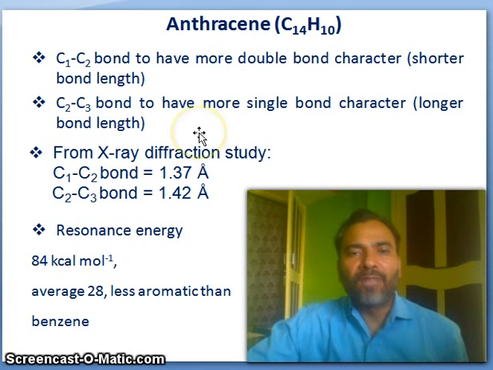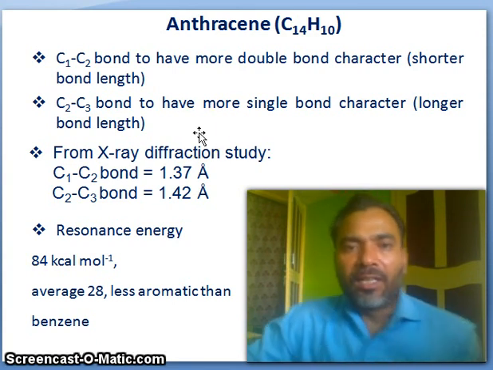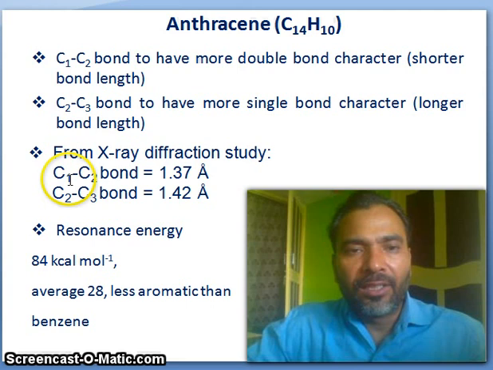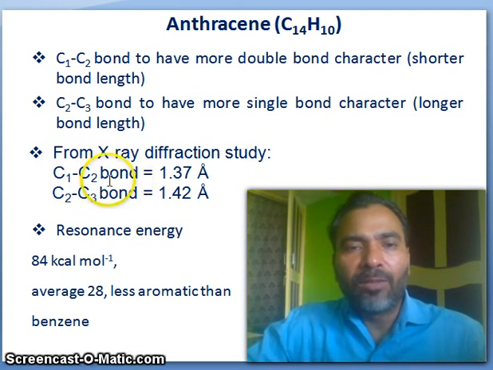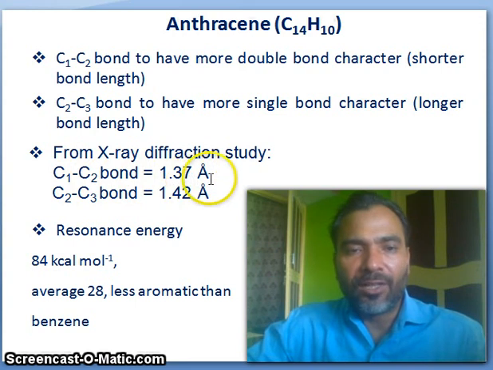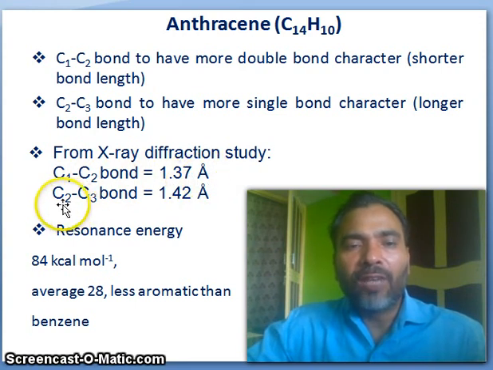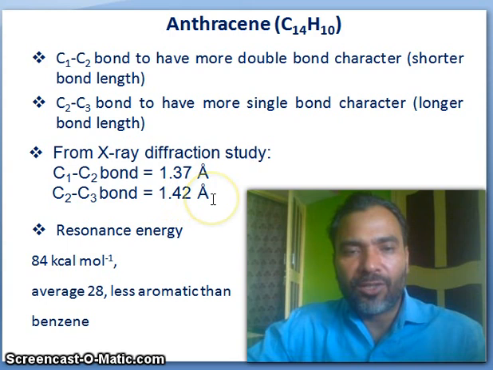With the help of X-ray diffraction study. From the X-ray diffraction study, the bond length of carbon 1 and carbon 2 is found to be 1.37 angstrom, and the bond length of carbon 2 and carbon 3 is 1.42 angstrom. So in anthracene all bonds are not the same.